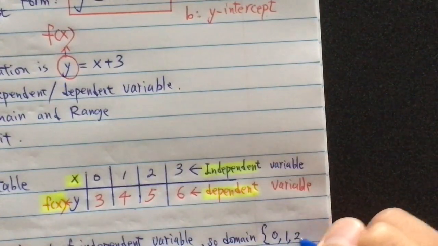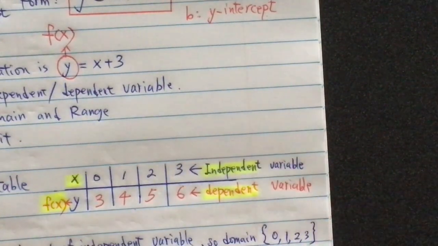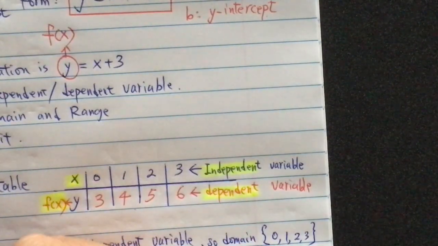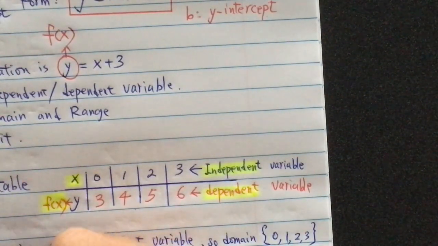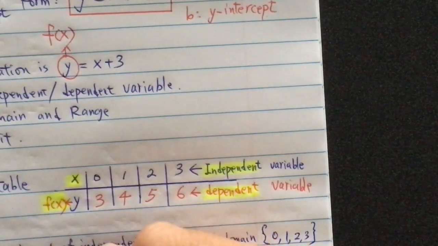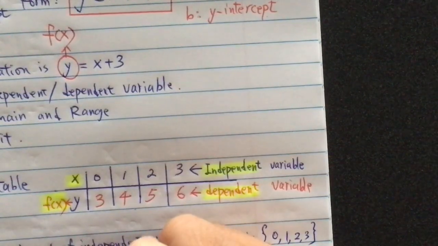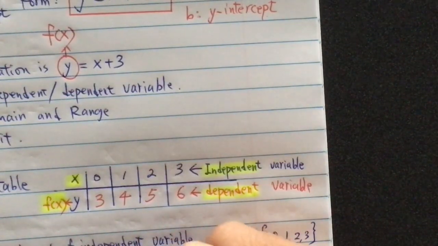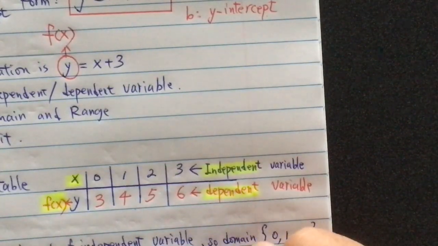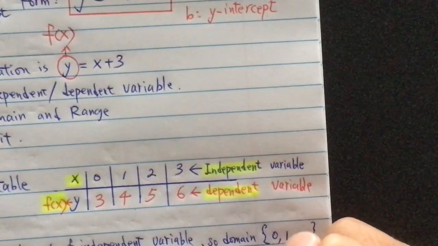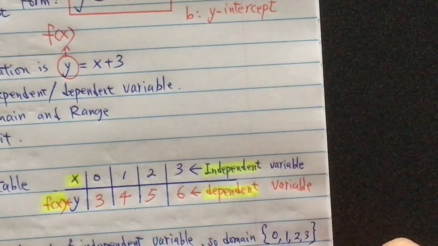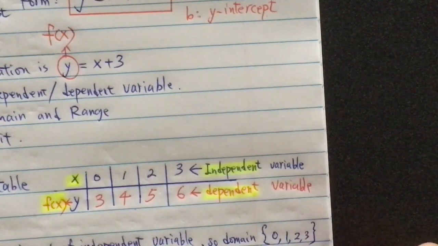How about range? Range is the set of dependent variable. So what is the range? 3, 4, 5, 6.